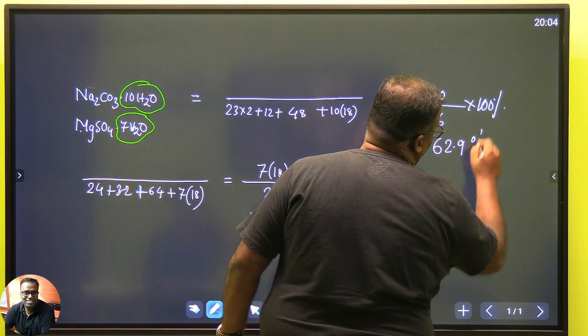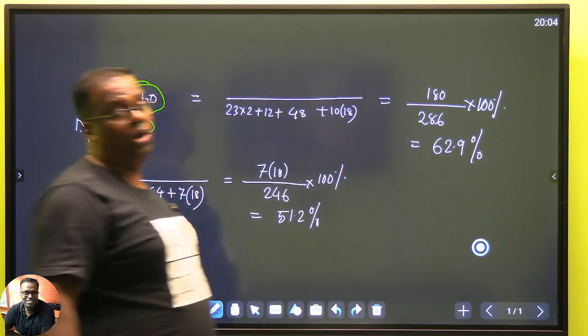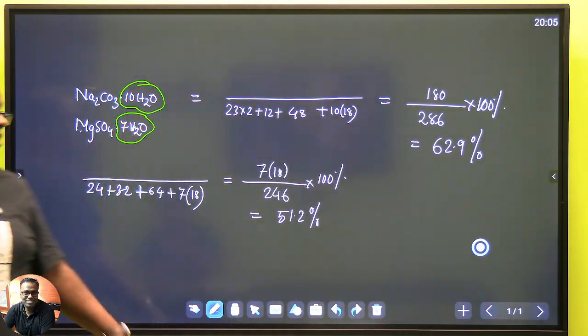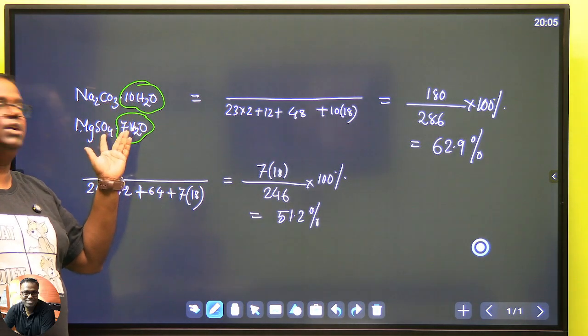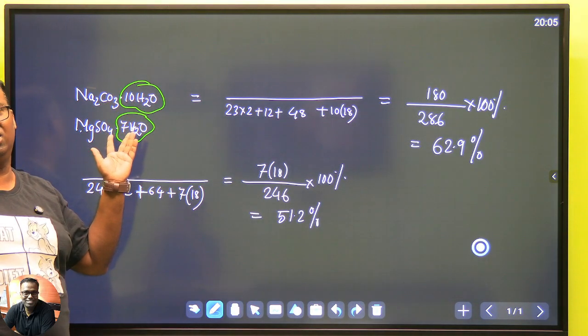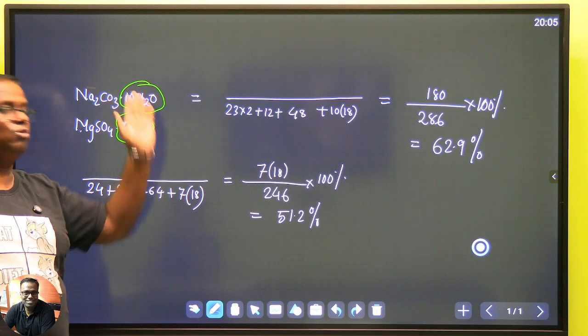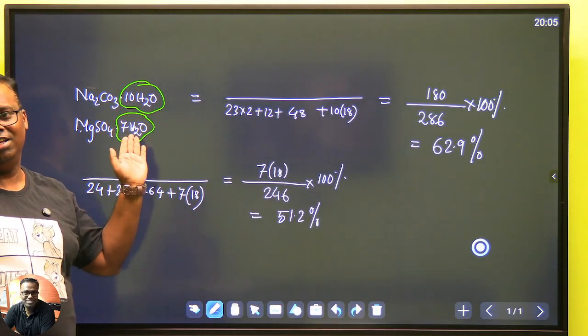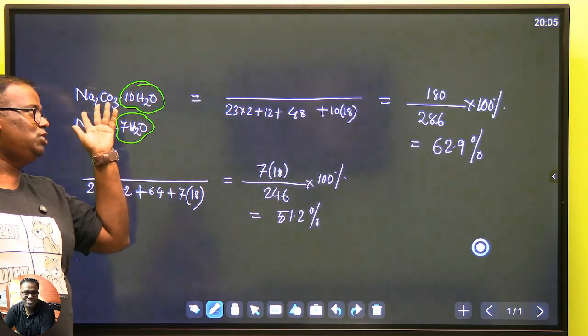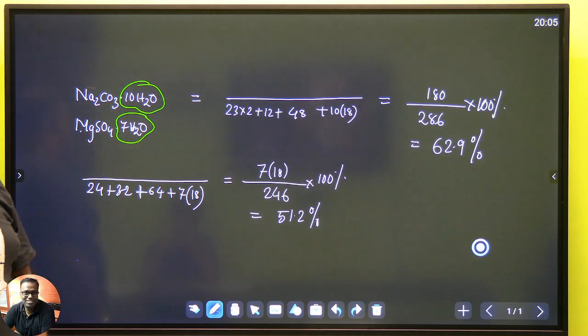62.9% has come. So if somebody tells me that 1 mole of sodium carbonate and 1 mole of magnesium sulfate, which has more water crystals with it, this one has more water crystals. Obviously 10 is more, this is 7. Each mole contains 7 moles, each mole contains 10 moles. Clear?